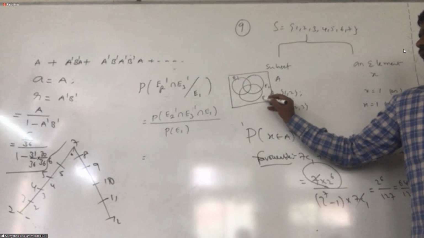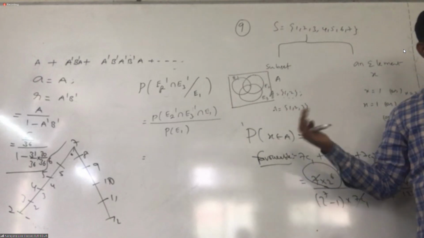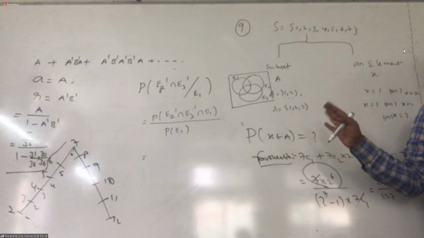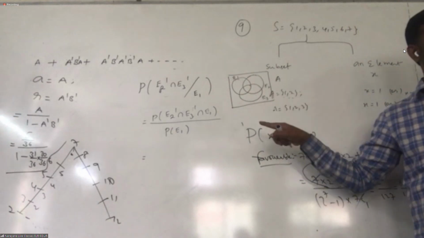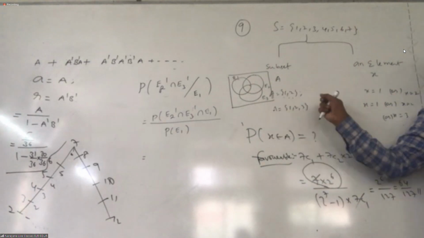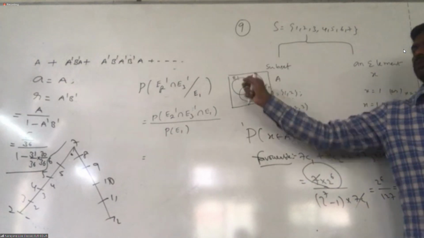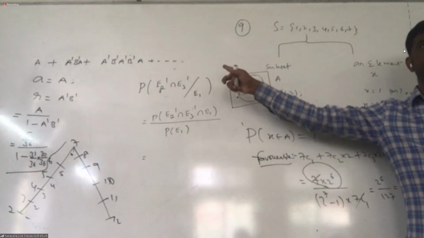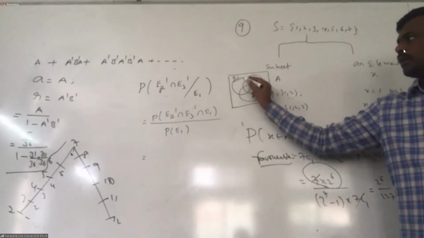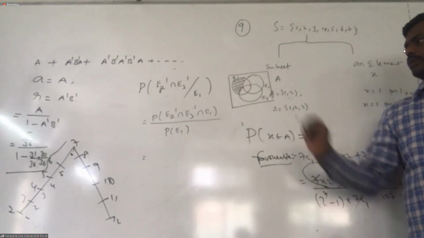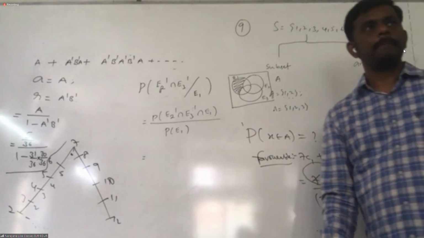So outside E2, outside E3, but common with E1. Then only this part. This is your numerator.